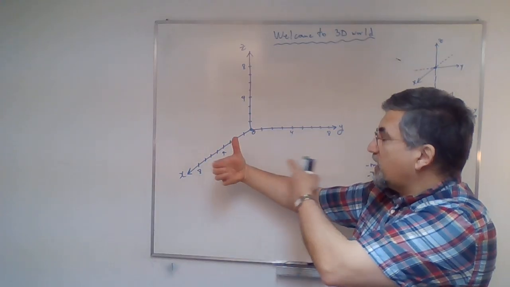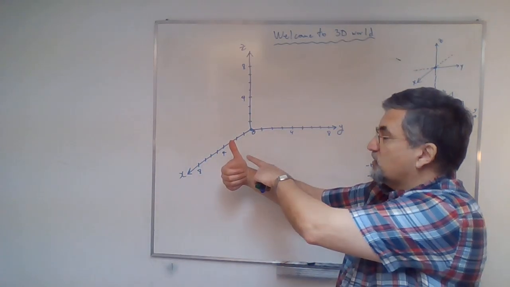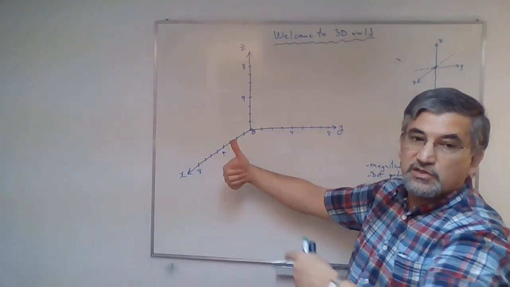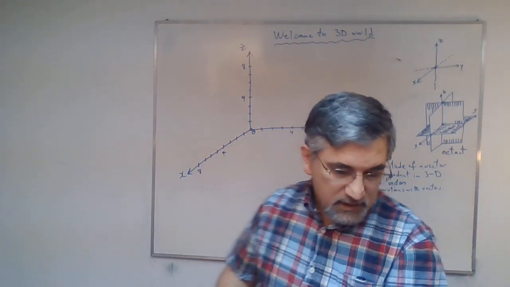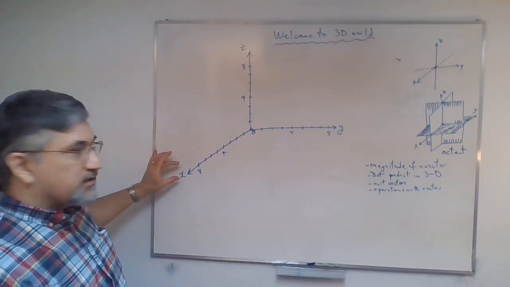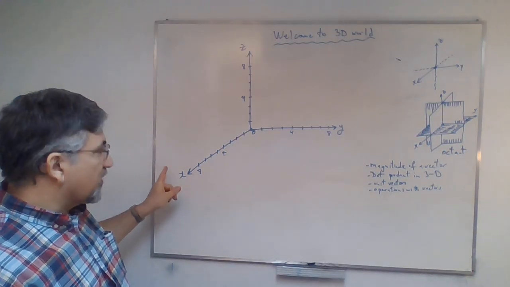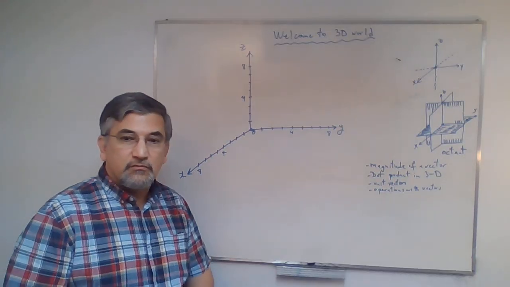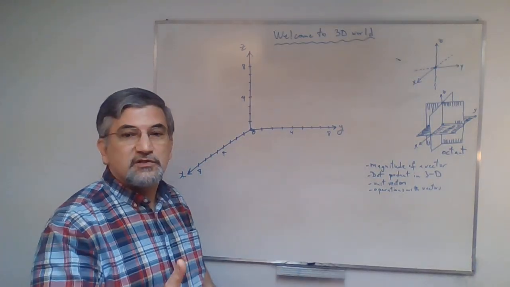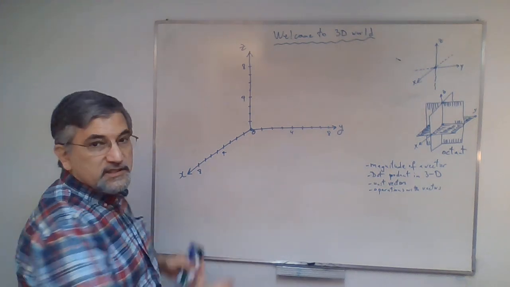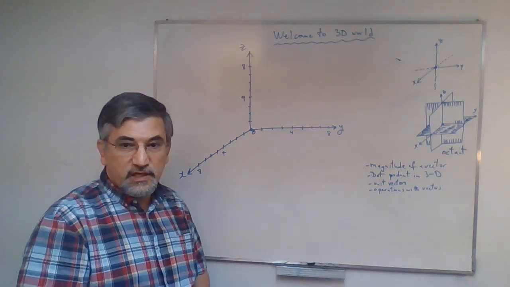Then automatically the direction of the thumb, which is pointing up, is the direction of z. That's how we name them. You can't name the axes arbitrarily or change the order. You may change the order, but that's not the standard we follow. We always follow a standard system of coordinates in 3D.